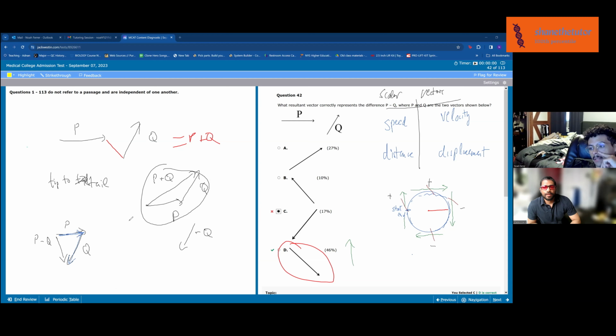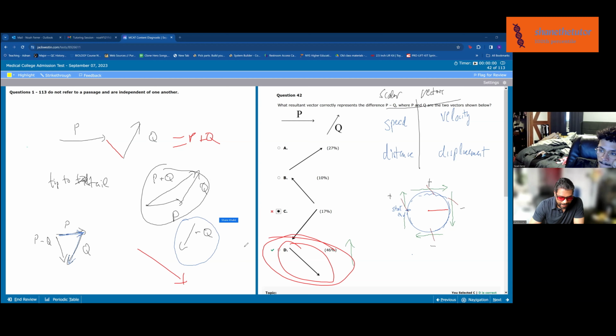So wait, if this is P minus Q, then why is it this way? That's because this is the minus Q, and this is the positive P. So take the tip of one and put it at the tail of the other.